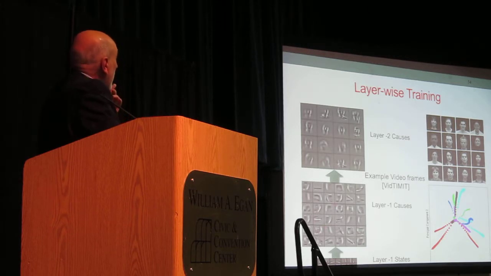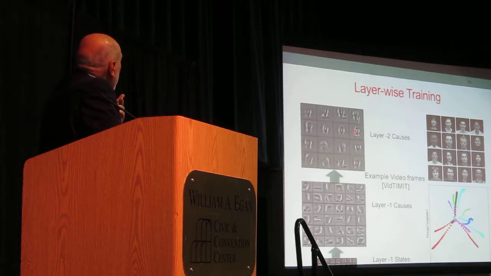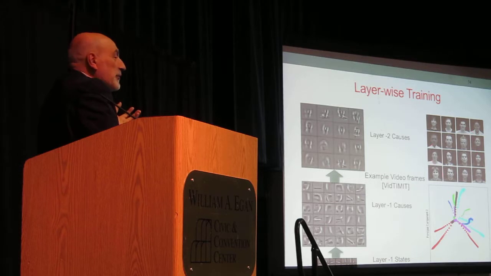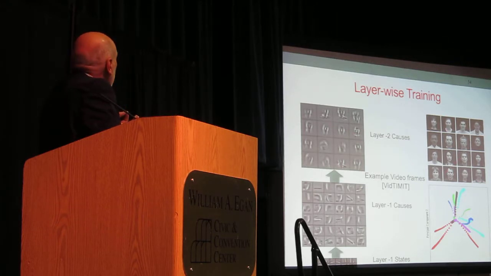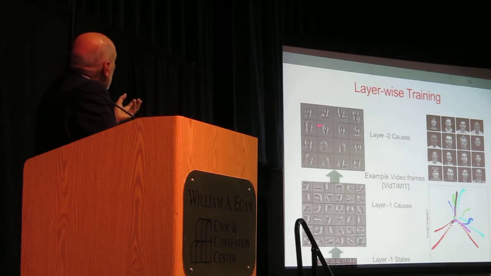But if you go to the second layer causes, you see that these seem like gestalts of the different figures. So the model was able to come up with distinctive features from all these 16 persons, and capture them in this representation.